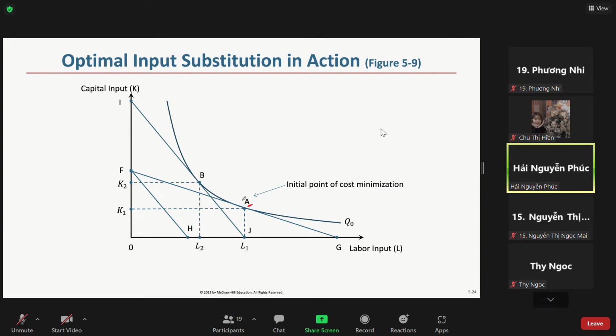Suppose we have an increase in the wage.